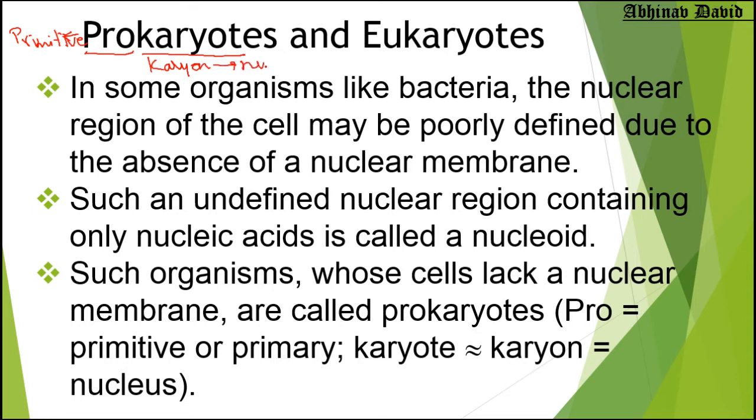Karyon means nucleus. So it means primitive nucleus. And eukaryote means, eu means true, karyon means nucleus, true nucleus.